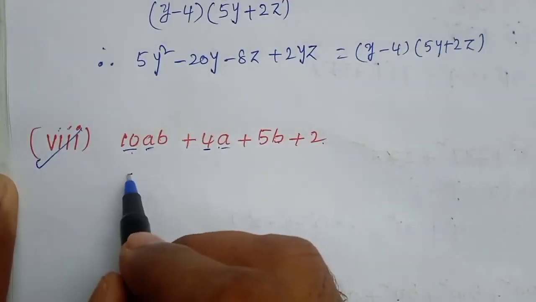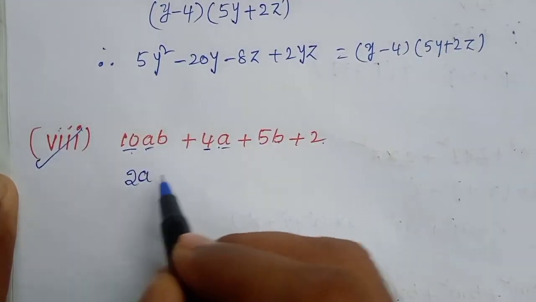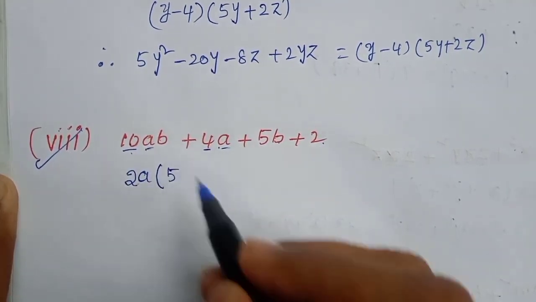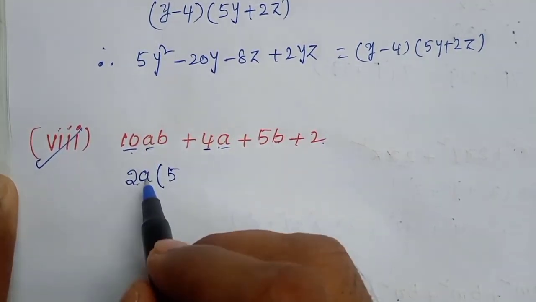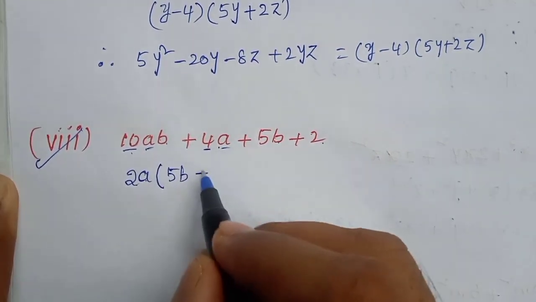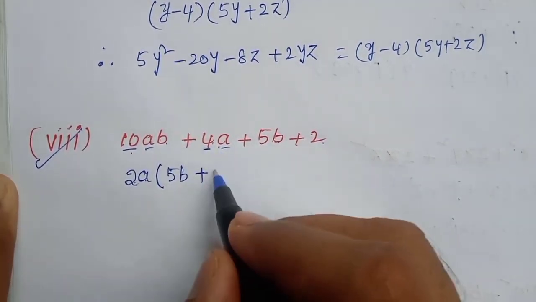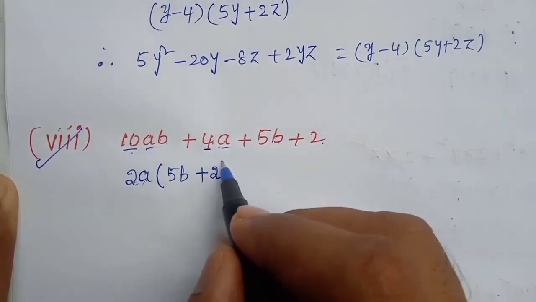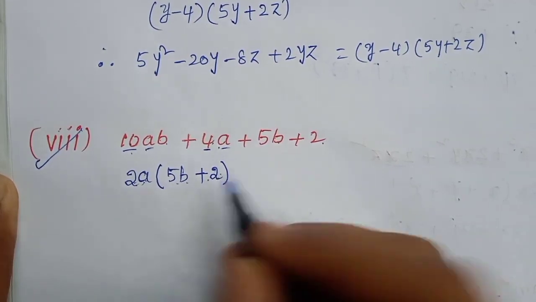So taking 2a as common, then you get here 2 5s are 10 and a as common, then you get here b plus, and 2 2s are 4, so 2 and a as common, so 1. So that is 5b plus 2.